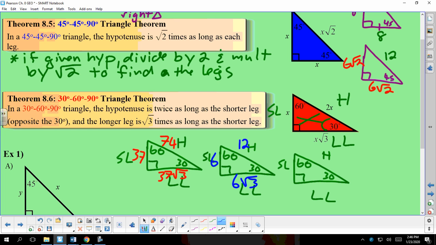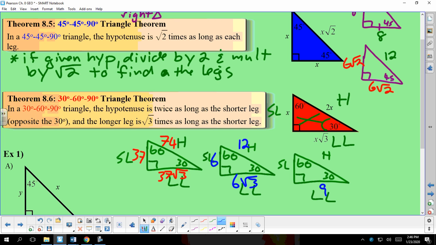The only tricky one is, what if I'm given the long leg? And remember what I told you when we were dealing with the 45, 45, 90. If given that hypotenuse, the one that has the root 2, we divide it by 2 and multiply by root 2.